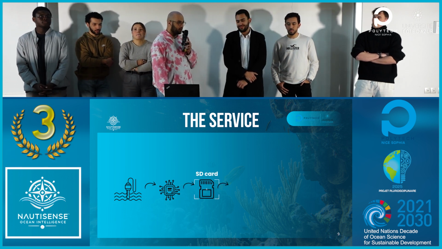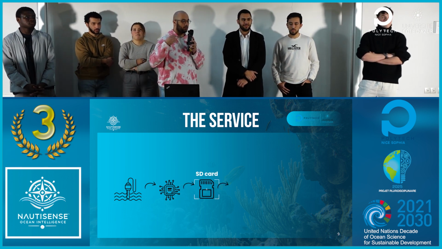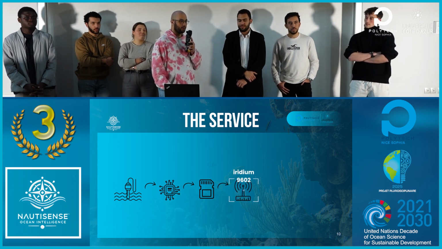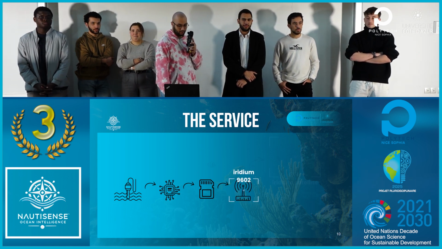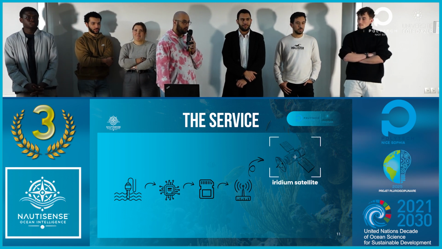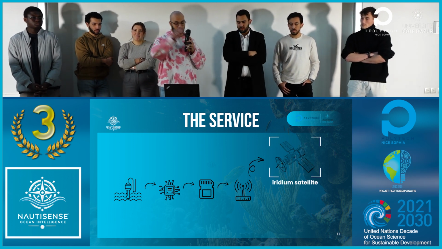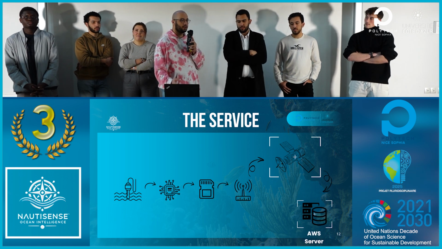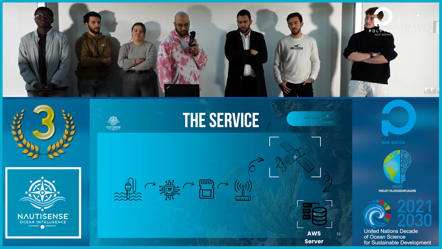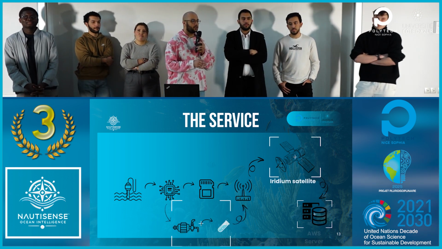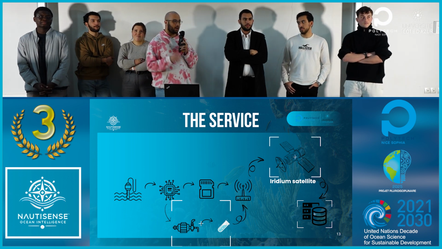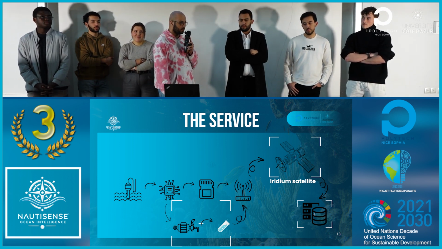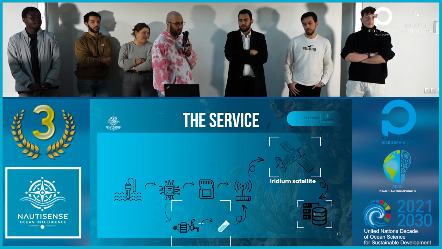It is then transferred using an Iridium 9602 transfer protocol to an Iridium satellite, which transfers it back to an AWS server where we store the data for the long term. If an anomaly value is detected, a water pump is activated so that we can store a sample for further analysis.